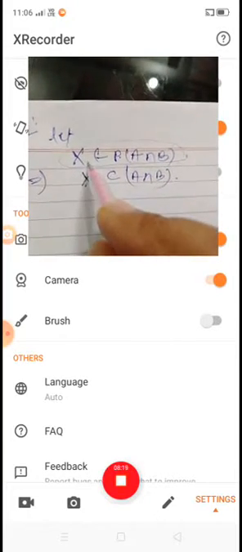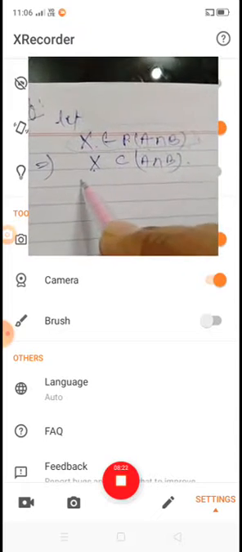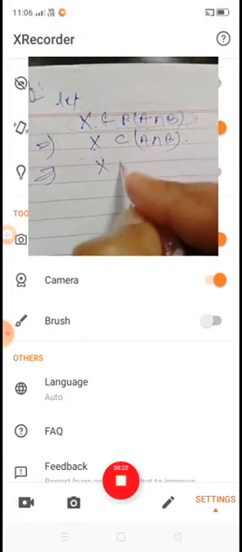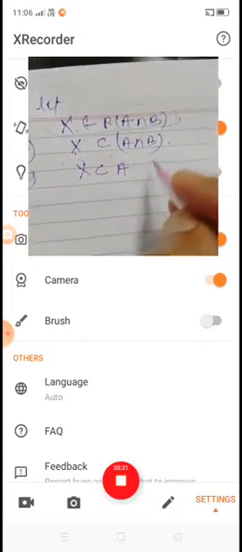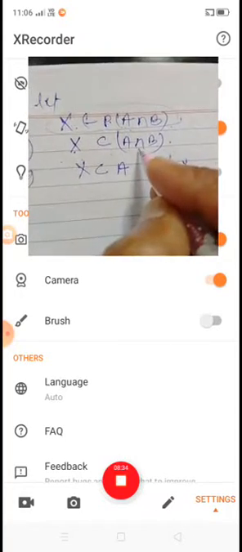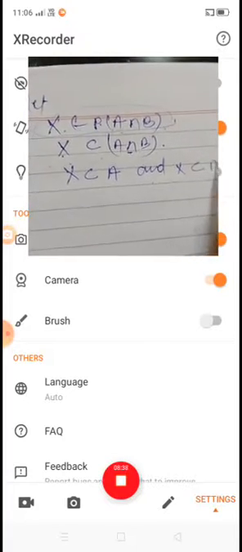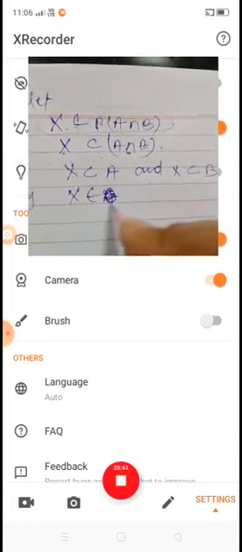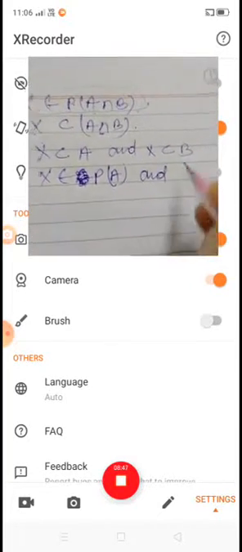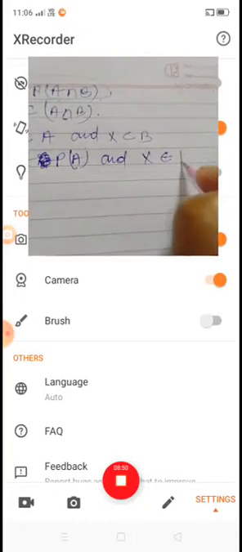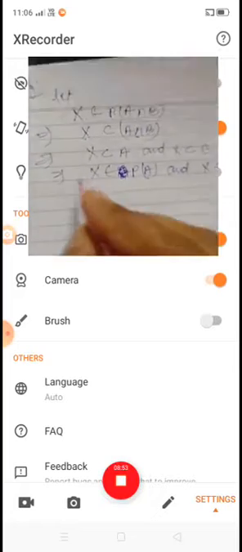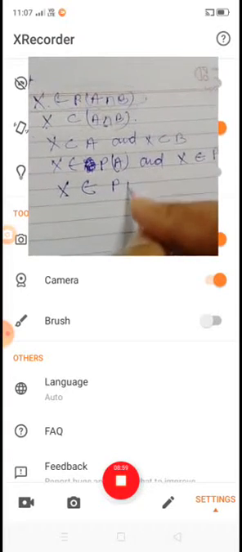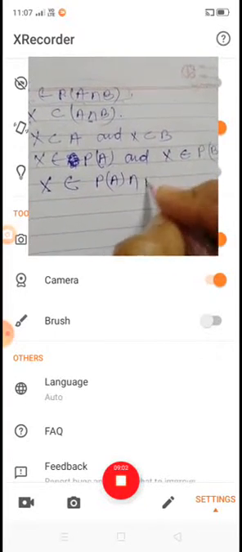So X is a subset of A intersection B. This implies that X is a subset of A, and X is a subset of B. It means that X belongs to the power set of A, and X belongs to the power set of B. So X belongs to the power set of A intersection the power set of B.